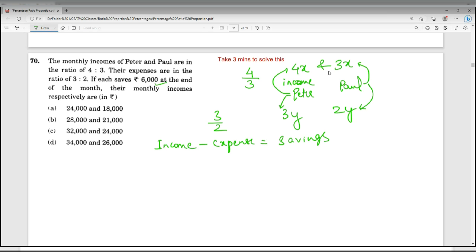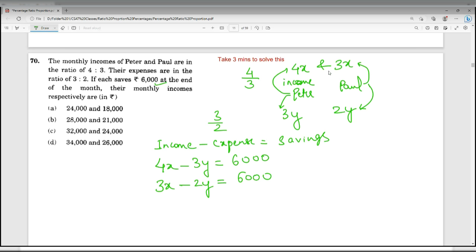So for Peter, income minus expenses, 4x minus 3y, is equal to 6,000, and Paul's income was 3x and expenses 2y, also 6,000. We have to calculate both Peter's and Paul's incomes.